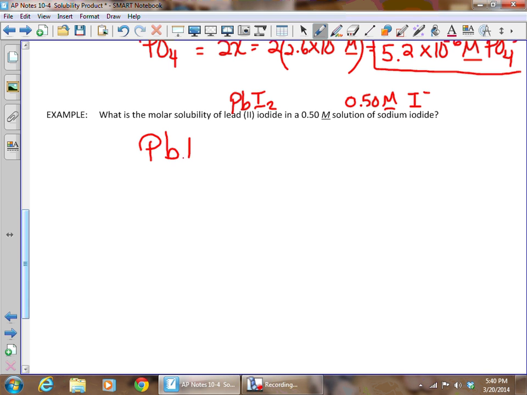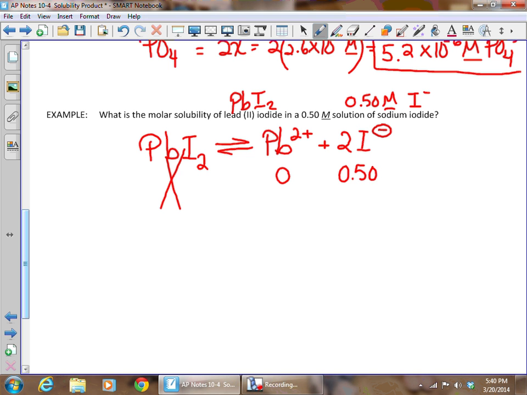So writing our ionization reaction, we write that the lead iodide is slightly ionizing to form Pb2 plus and 2I minus. Again, we know that the solid lead iodide is not going to be involved in our reaction. The Pb2 plus is going to start out as 0, but in this case, the iodide ion starts out with a concentration of 0.50 molar.